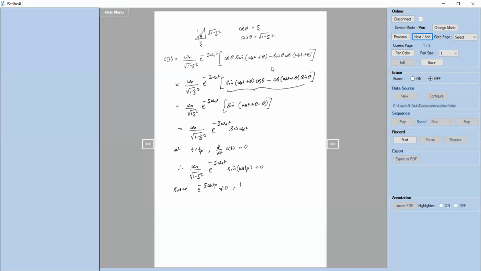Then sine omega dtp has to be 0. And we know that for phi equals 0, pi, 2 pi, 3 pi, and so on, sine phi is equal to 0. So I can say that omega dtp is equal to pi. So I can write the peak time as Tp equals pi by omega d.